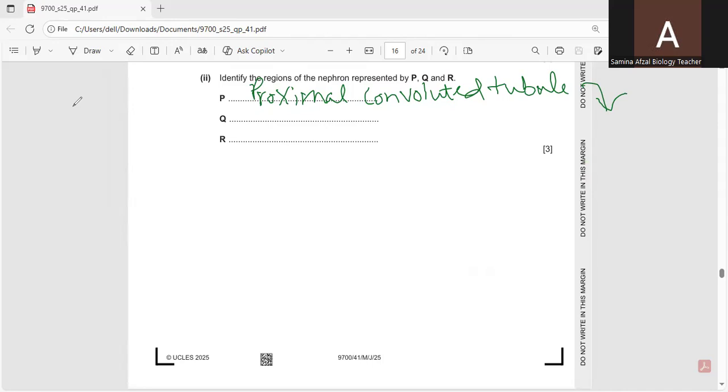And the second is the facultative water reabsorption or the osmoregulation, in which the water moves from the nephron to the blood in the presence of antidiuretic hormone.